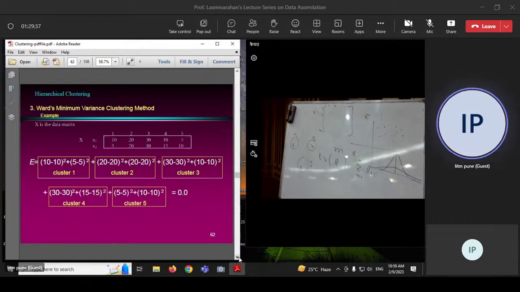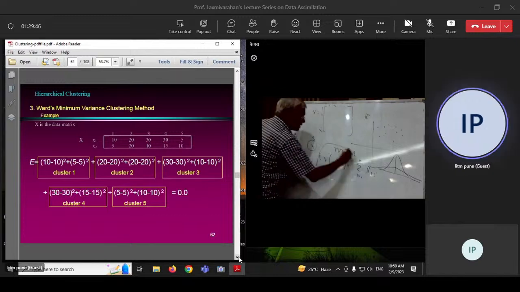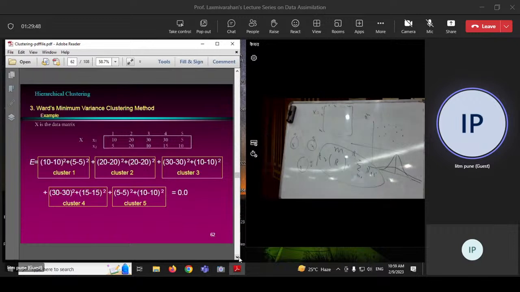So what is the fundamental theorem? I'm not going to prove it, but this is the fundamental theorem in data analysis. Given the total scatter as measured by the variance, the total scatter must be the sum of the intra-cluster scatter plus the inter-cluster scatter. So you can consider this as one object, another object, and another object.